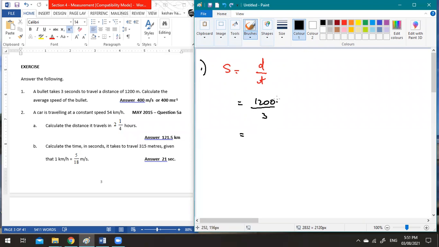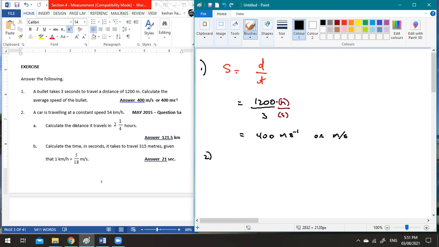So 1,200 divided by 3 is 400. Now remember, to get the units, the distance is in meters and the time in seconds, so your units will be meters per second. That's how you get the units.